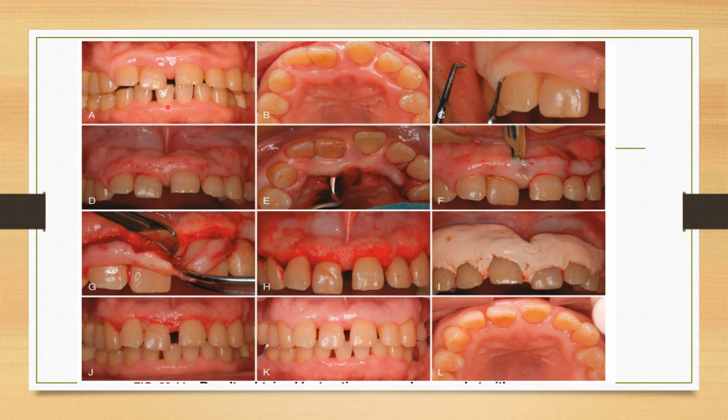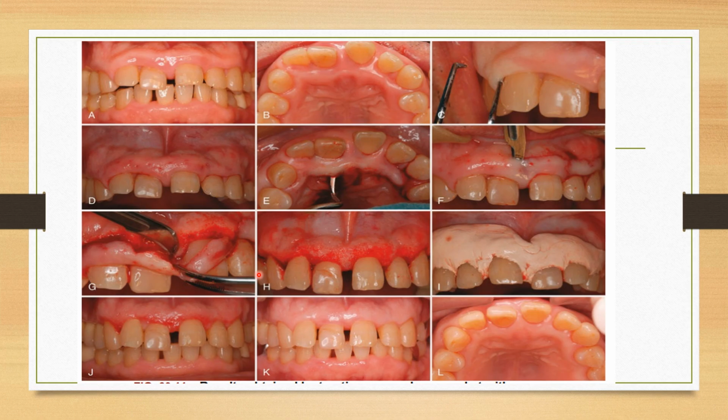This is another case showing the pocket marker with the pseudo pocket. You can see the external bevel incision, given at a 45-degree angulation to the gingival surface. On the palatal side, they have followed the same pattern, and the tissue has been removed.